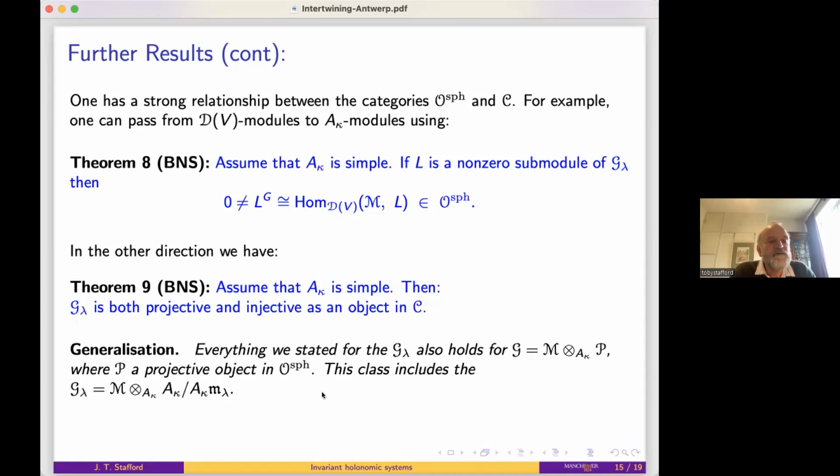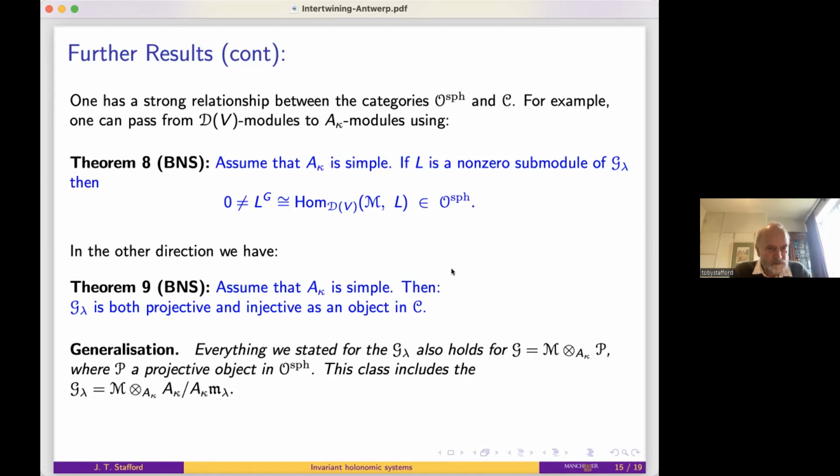And in fact, everything we've been stating so far, I could generalize: rather than looking purely at G kappa modules like this, I could start with any projective object in O spherical, and then tensor up with M to get myself a D module. And then both these theorems and the earlier theorems hold in that generalization. So I think that gives you a hint of how we can interrelate results over D of V and the spherical algebra A kappa.